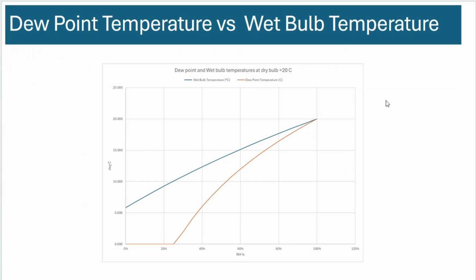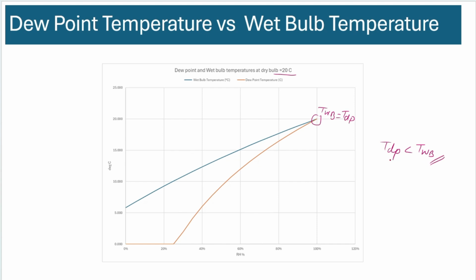As you can see here, wet bulb temperature and dew point temperatures are plotted for one particular dry bulb condition, 20 degrees C. When relative humidity is 100%, T wet bulb is the same as the dew point. After that, it seems like dew point is always lower than the T wet bulb.